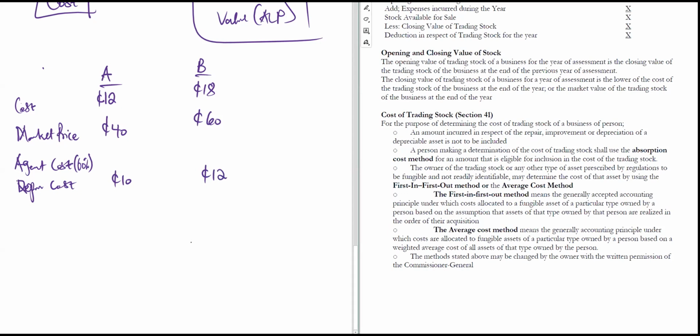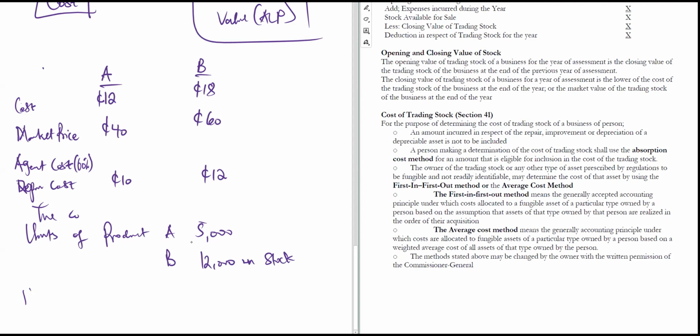So with this being said, the company has 5,000 units of product A, and 12,000 units of product B in stock.